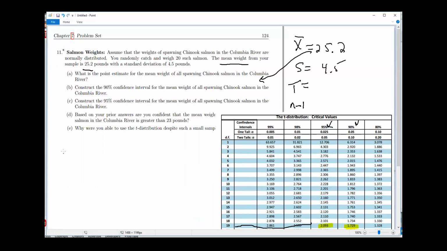So for part B, we need to remember that we're going to use a critical value of t of 1.729.